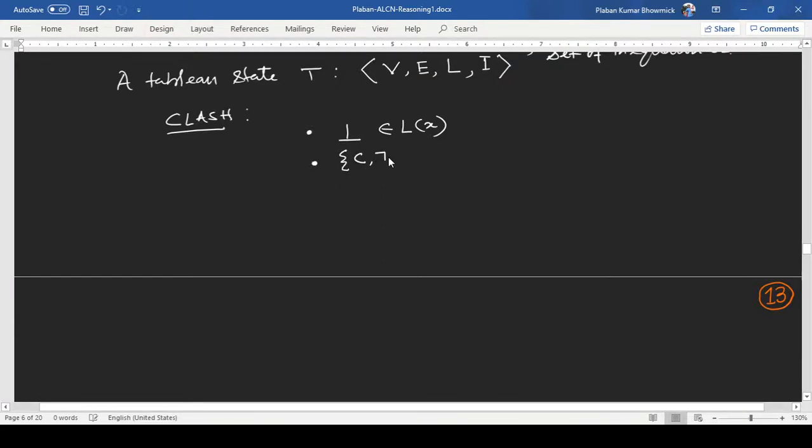The second is that C and negation C, both of them belong to LX.